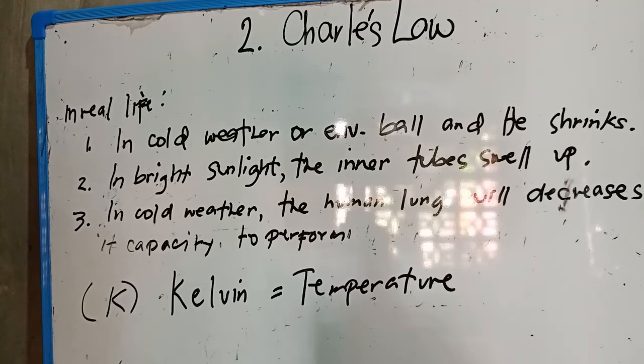Because of the cold weather, it flattens or the pressure inside decreases. Then the second one, in bright sunlight, the inner tubes swell up. That's what happens when it is very bright and the sun is hot, so the tubes swell up.